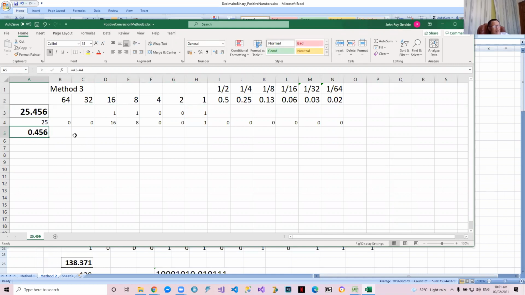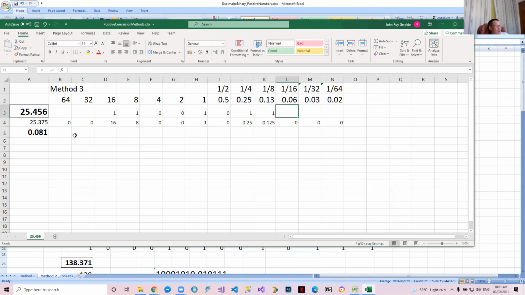Okay? You follow? So if you have 0.456, we cannot pick 0.5 because it's bigger. We mark this as 0. But we can pick 0.25. We'll mark this as 1. So take note. This one becomes the result. Okay? They follow? 0.206 and 0.13 we can pick this.